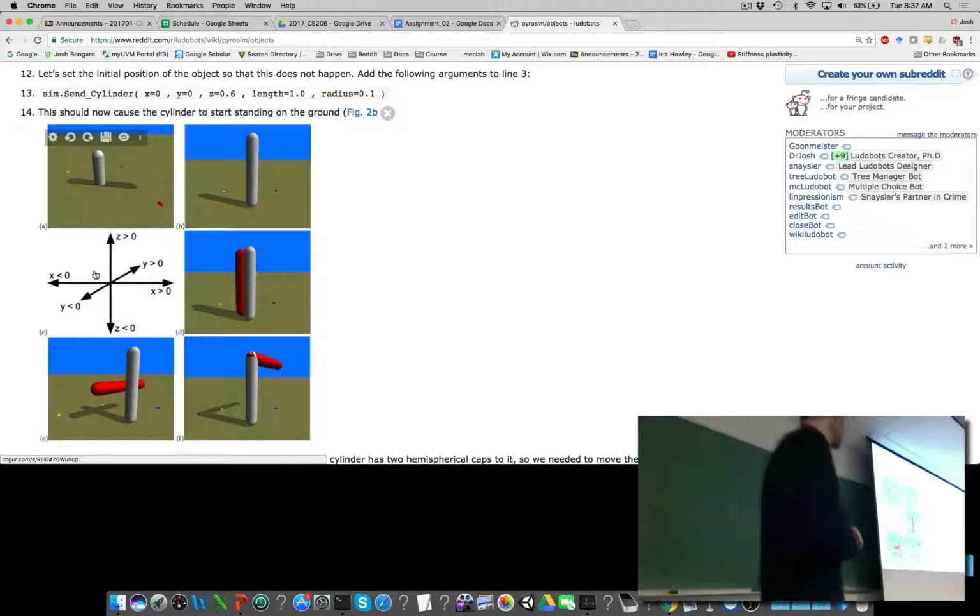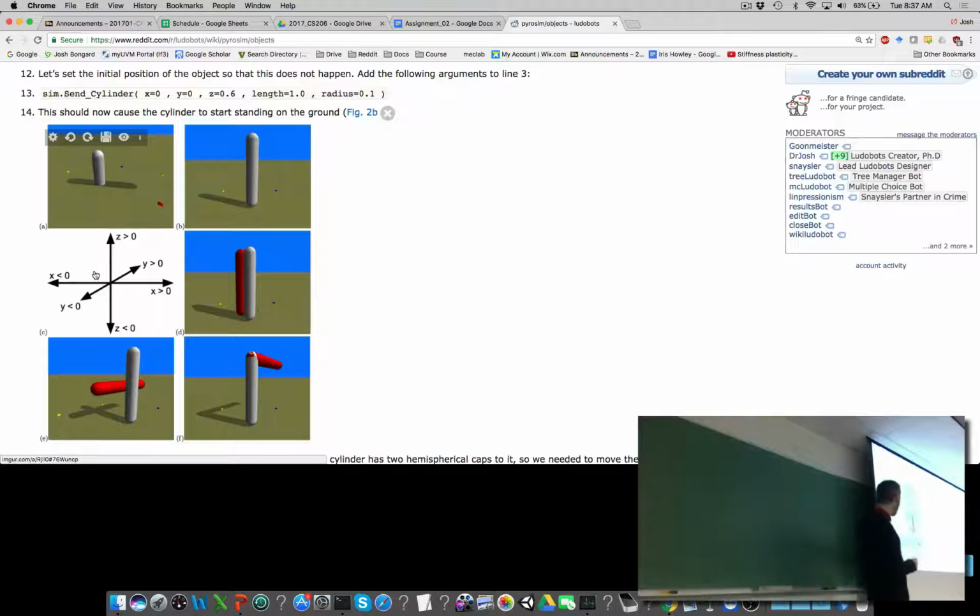So the way that this is done in PyroSim is when you want to specify the three-dimensional orientation of an object, or how it's rotated in three-dimensional space, you're going to imagine that cylinder, that its long axis is lying along a three-dimensional vector in space.